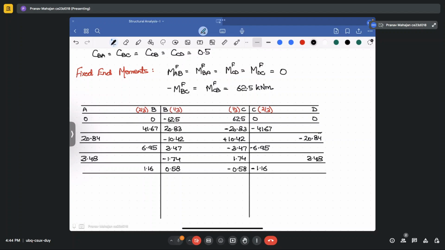Now the next step is to carry over. It will come out to be 0.58, and in this case it will come out to be minus 0.29 and 0.29, and it will become minus 0.58. Again distribute this unbalanced moment. It will come out to be 0.19 and 1.0, minus 1.0, minus 0.19.